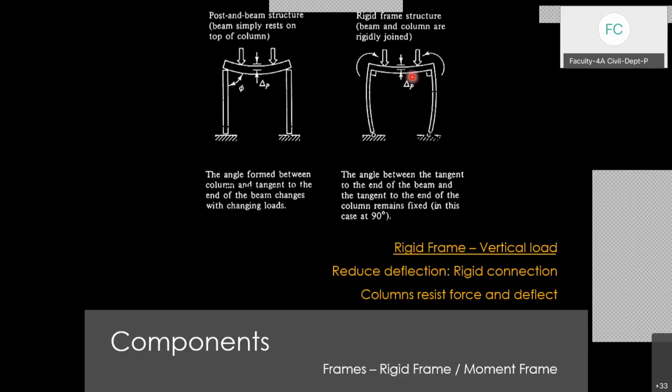In that case, the whole structure will act against that particular load and will be resistant to it. So the column will come into the picture for resisting these horizontal forces, as well as to prevent the deflection.